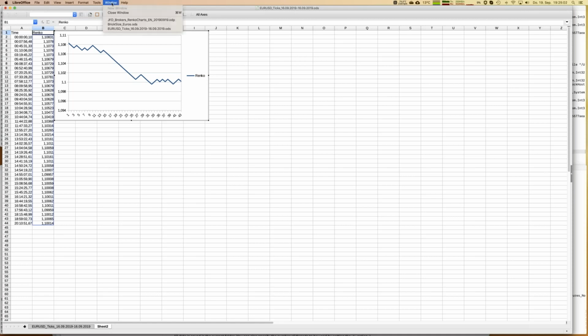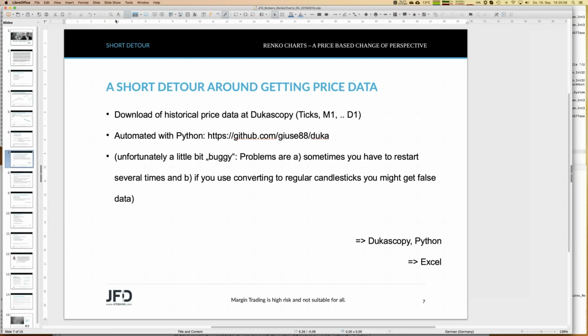So that's a cool thing about Renko charts. And now you see exactly what it means going with brick sizes. And the only thing is how big that move should be in order to draw a new candle. And that's easy. That's good to know.